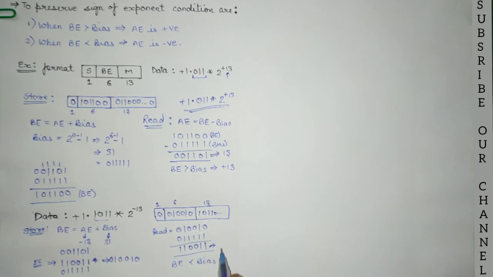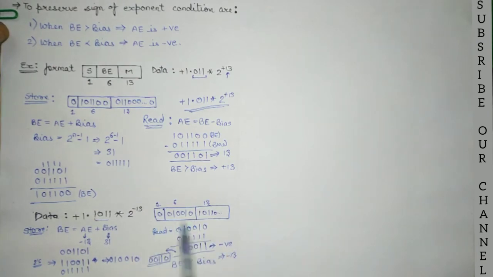That means the actual exponent is negative. And if the actual exponent is negative, you have to complement it. When you complement it, you will get the value 0 0 1 1 0 1. Convert it, this will be 13. That means the actual exponent is minus 13. So now if you have to change this value again into the data, how can you do it?